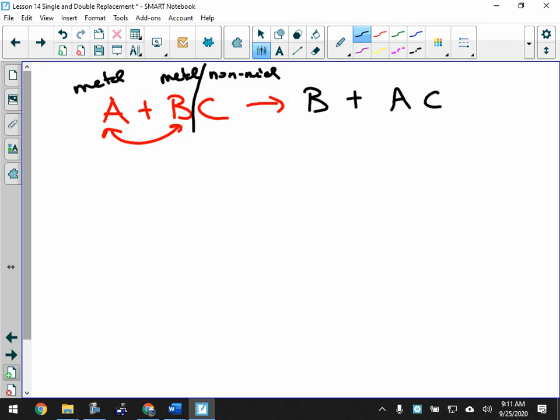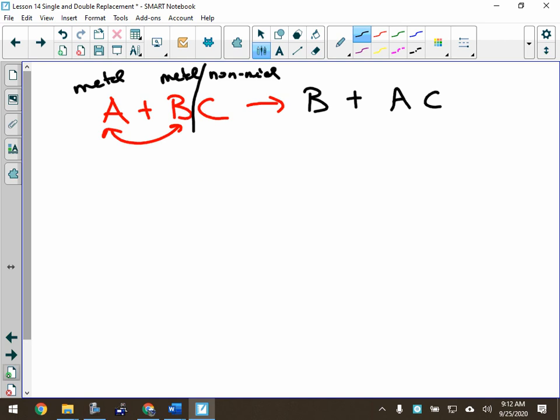All right. So, our example here is this one where it says iron plus gold nitrate gives me iron nitrate and gold. All right. So do you see how the iron and the gold switch places basically? Okay.